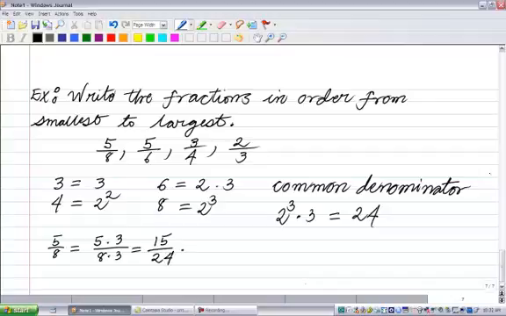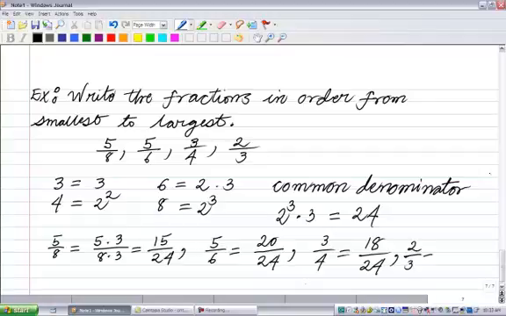The same way with 5/6: I multiply by 4 and get 20 over 24. With 3/4, I multiply by 6 and get 18 over 24. And the last one is 2/3. I multiply by 8 and get 16 over 24.